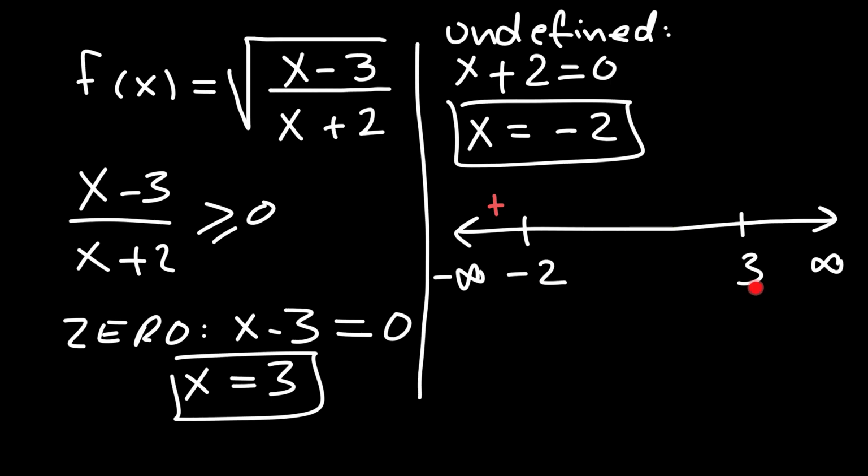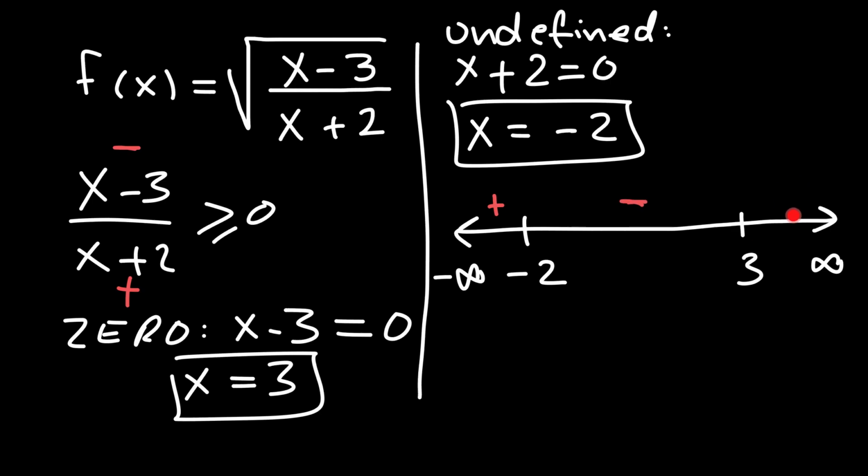Between minus 2 and 3, let us take 0 as an example, and we will plug it here. So 0 minus 3, we will get minus 3, so we will have a negative answer. 0 plus 2 is 2, which is positive. So negative divided by positive will give us a negative sign. So in this range, we have a negative sign.